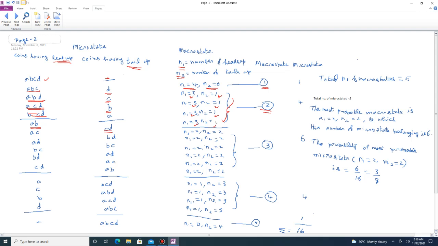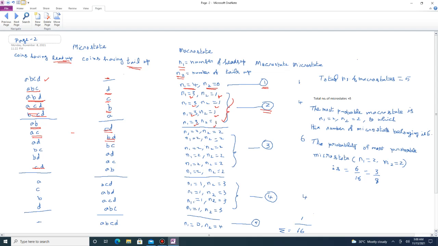Or if AC are up, then BD will be tails up. Then AD, BC; BD up, AC tail up; CD head up, and AB tail up. So there are other different possibilities.